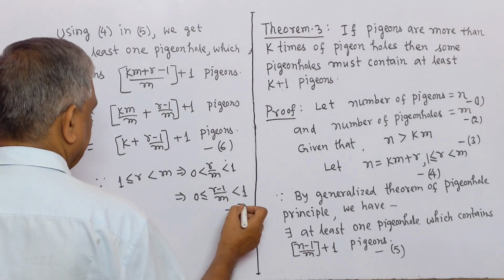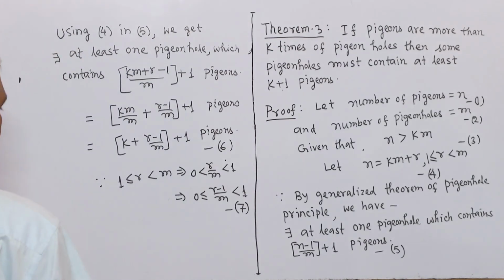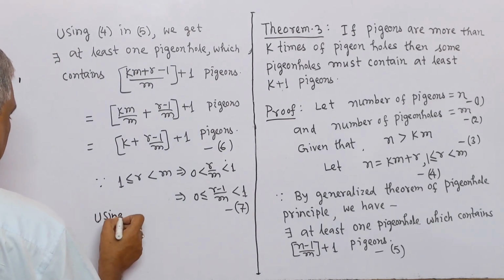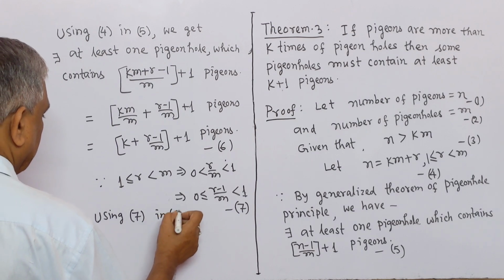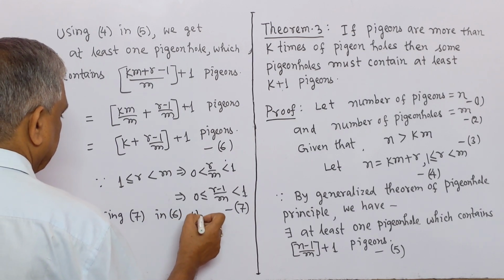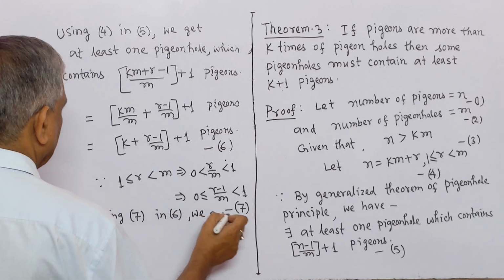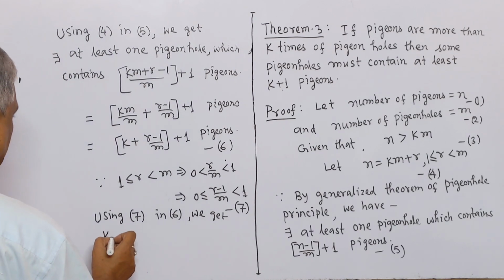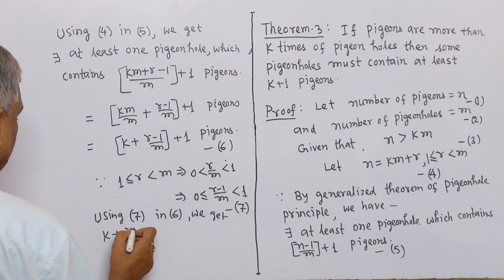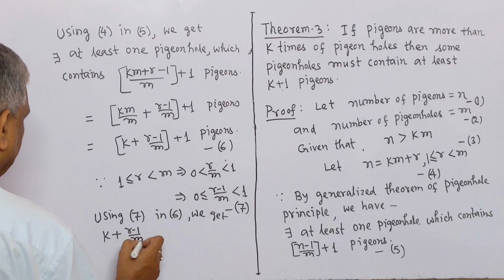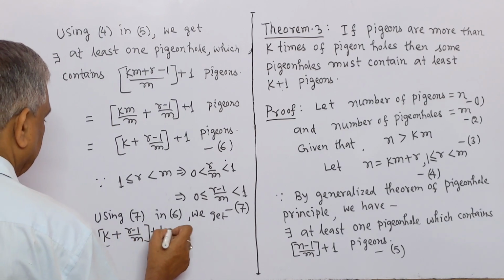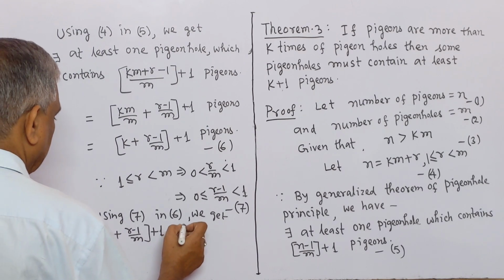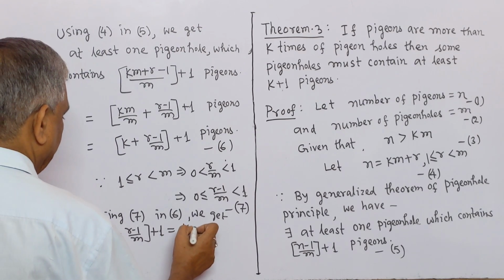This is number 7. Using 7 in 6, we get k plus the greatest integer function of (r minus 1) by m, plus 1 equal to k plus 1.